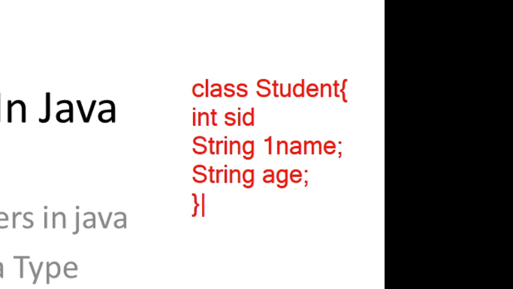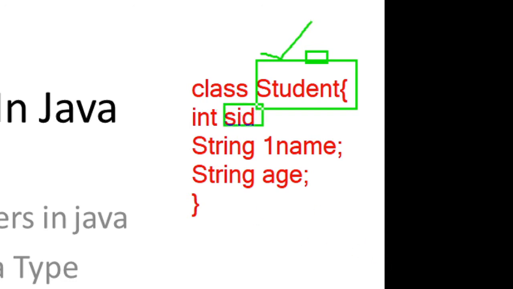Can you guess what is right and what is wrong? Is student ID right or wrong? Yes, it is right. Student first name, it is right or wrong? Guess it. Yes, it is also right.